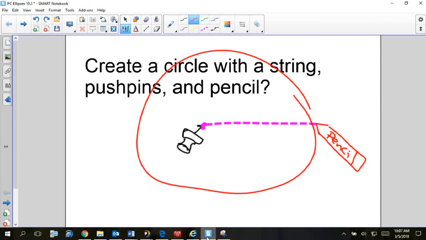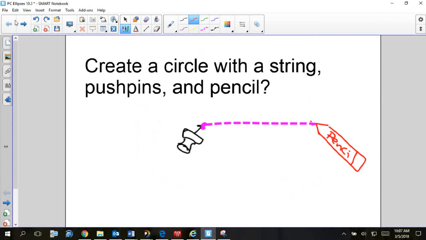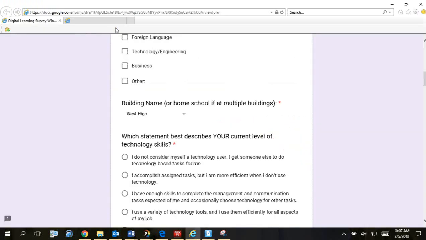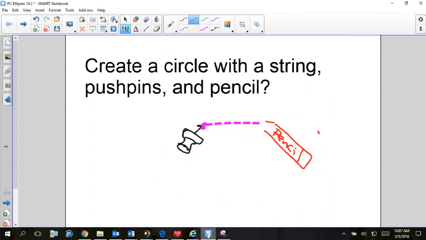And you draw a circle. If you use it correctly, I made my string too long. If you use it correctly, oh my gosh, this thing is so touchy today. Use it correctly, it'll draw a nice circle for you.